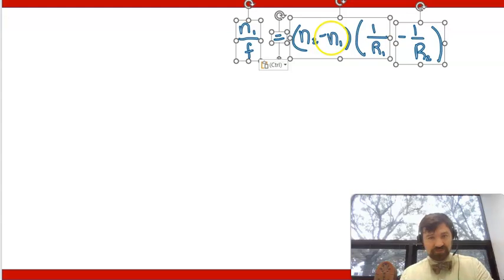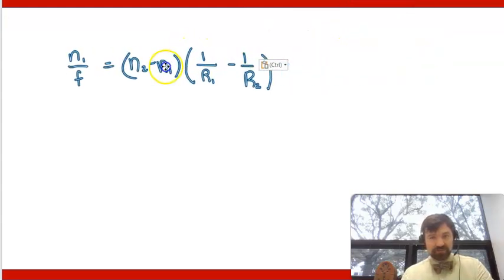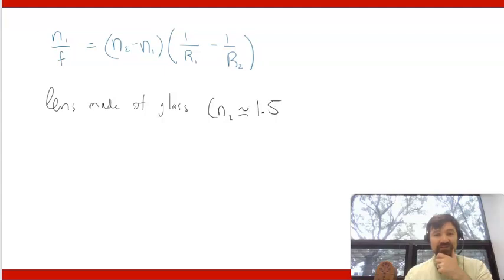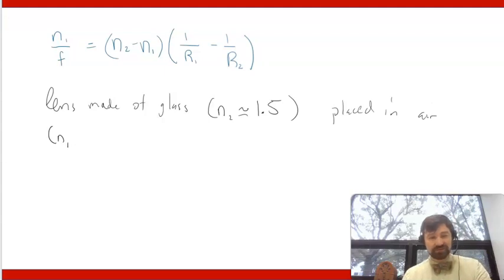A conceptual example would be that, let's say I have a lens made of glass, with refractive index, let's say, 1.5, placed in air. Then that would be equivalent to refractive index 1 being approximately 1.00.